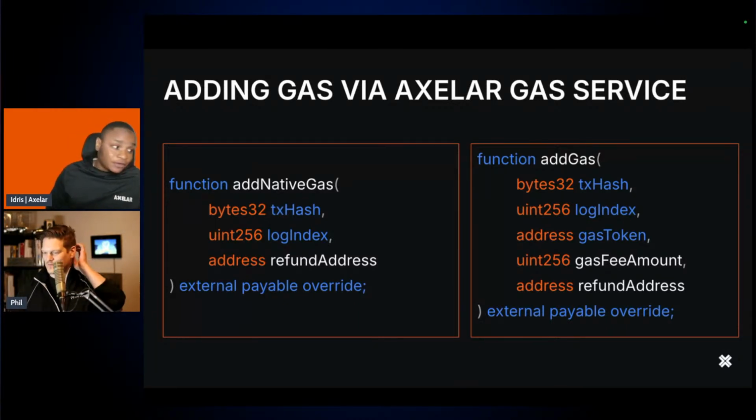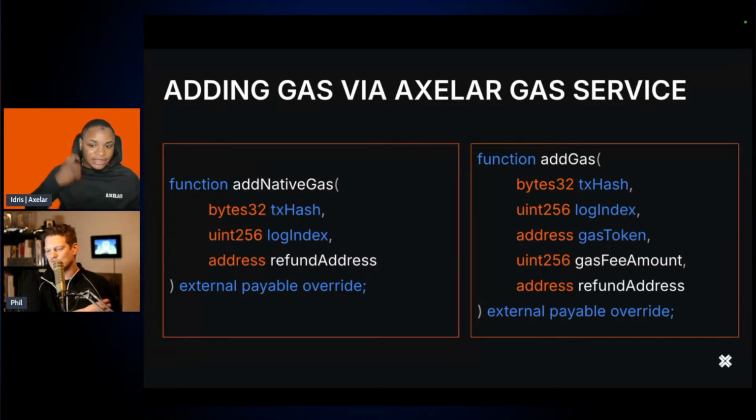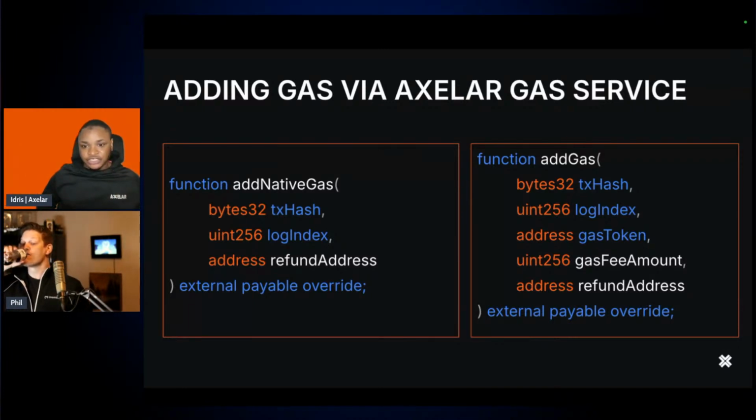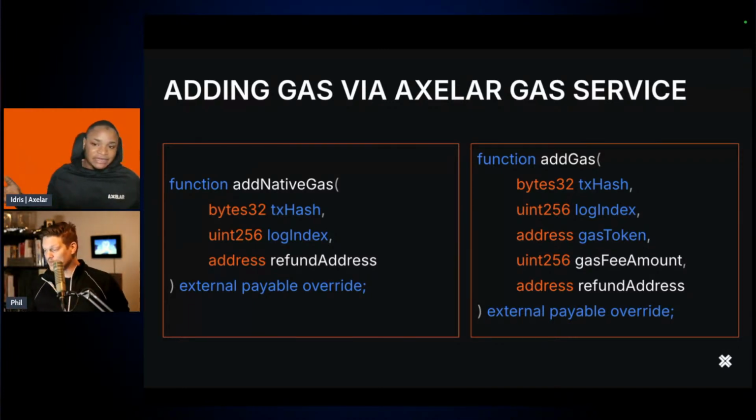So that button will call underneath one of these functions, where you get the transaction hash, the log index, and also the refund address, right? And then once you click that button, it triggers this on the gas service, and the transaction goes through. You get a notification to add more gas, and after adding more gas, your transaction gets unblocked, and that's how you reactivate your stuck transaction.